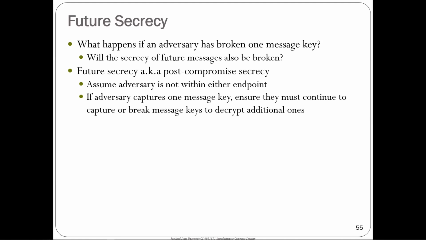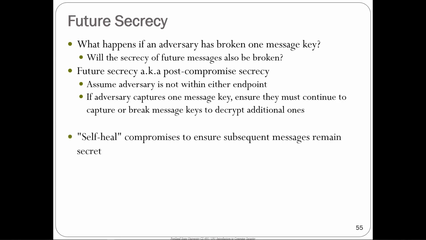Now, with the ratcheting, as long as that ratchet has not been reset, the adversary can get the subsequent keys just by knowing the current key that's being used. And so the idea of future secrecy is to try and self-heal any compromises to make sure those subsequent messages remain secret.